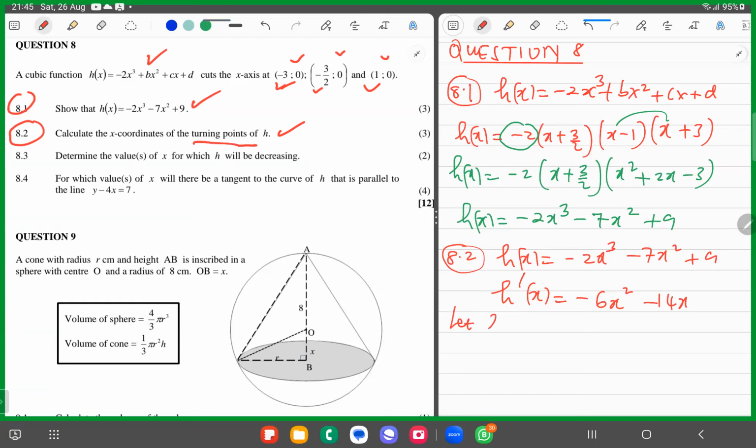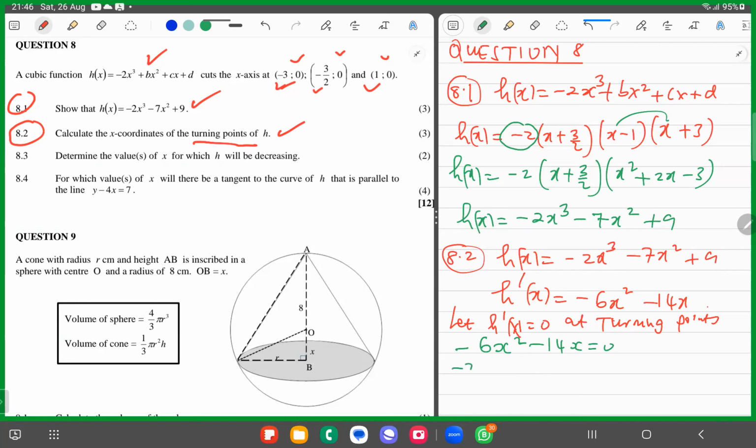So you let h primed equal to 0 at turning points. So now, if this is 0 at the turning points, it has certain implications. So you have minus 6x squared minus 14x equals 0.